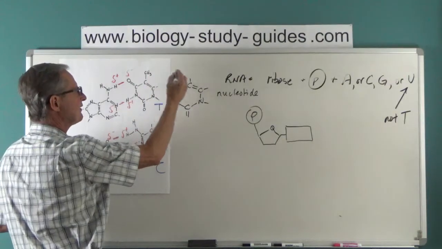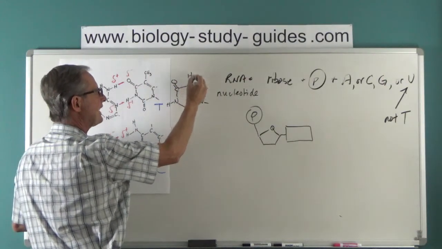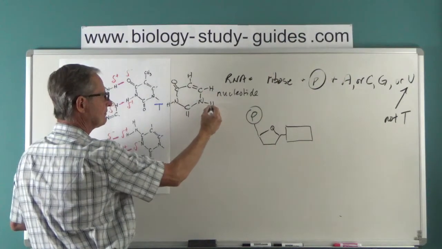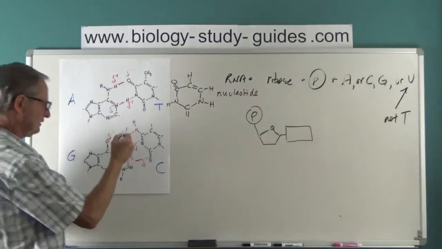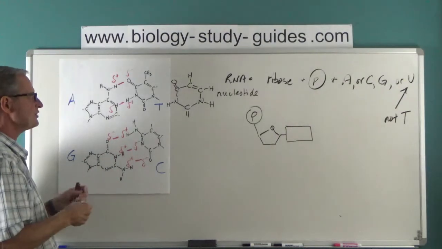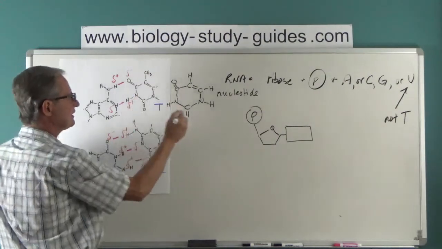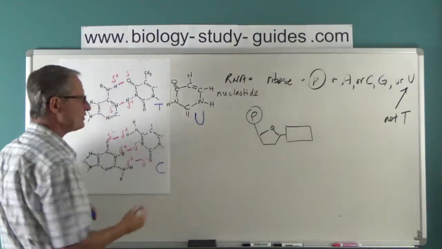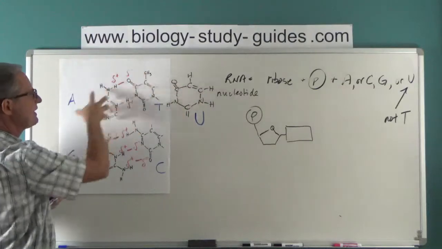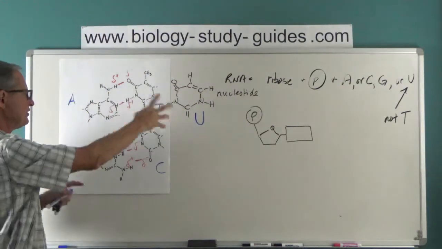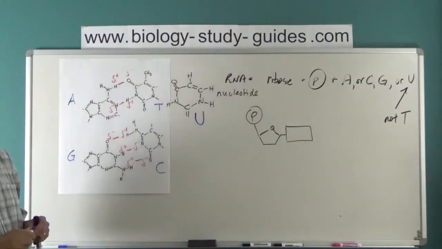The CH3, the methyl group there, is just a hydrogen atom. All the bonding requirements are satisfied, but uracil does not have this thing here. Uracil bonds to adenine. You can see it's going to bond to adenine because the same dipoles are going to exist. Uracil does not bond to guanine.